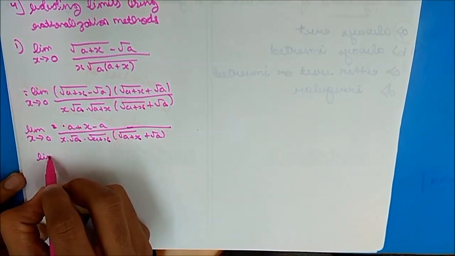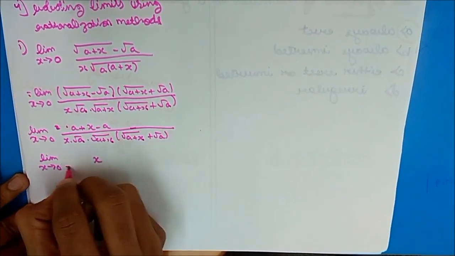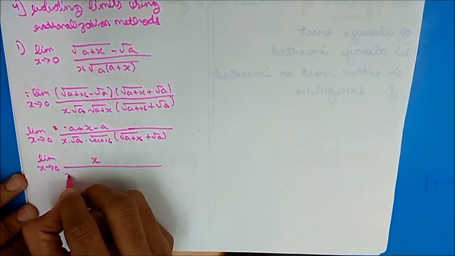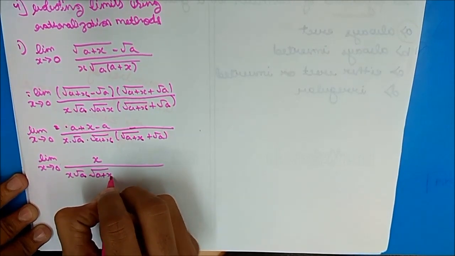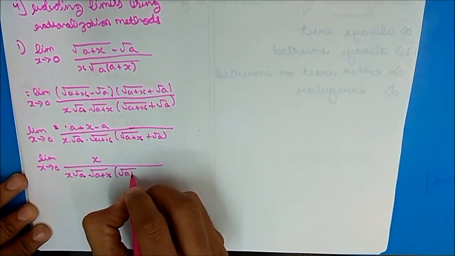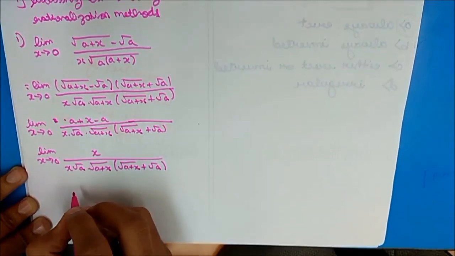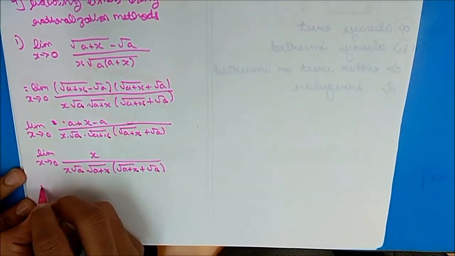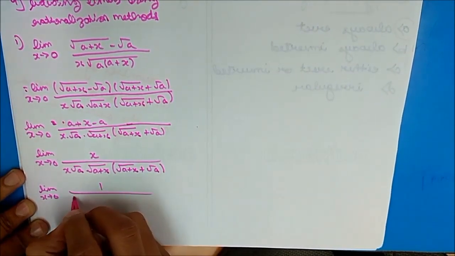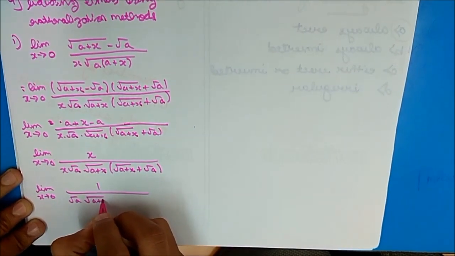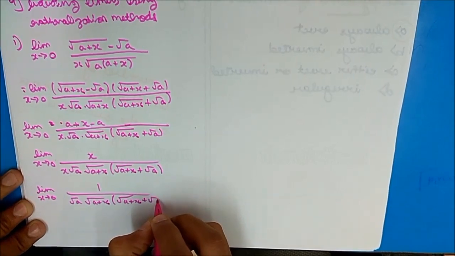That is limit x tends to 0, x upon x root a root of (a + x) times (root of (a + x) + root a), then limit x tends to 0, 1 upon root a root of (a + x) times (root of (a + x) + root a).